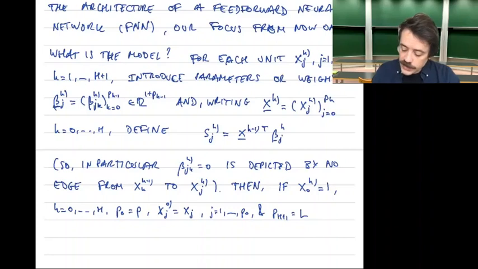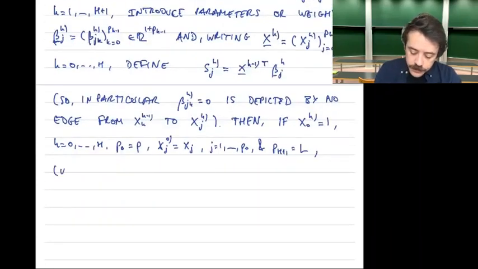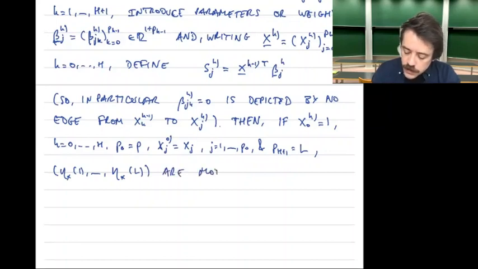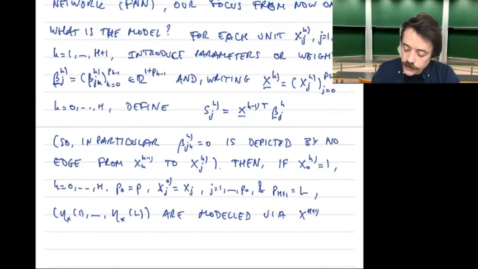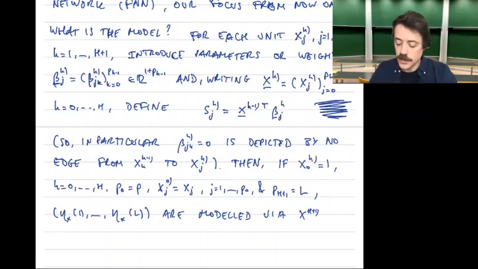So then if all this happens, we're going to model the regressors. These guys are modeled via x_(H+1). Okay, so remember that up here we have defined this vector so that we could use the linear combinations using the previous layer.